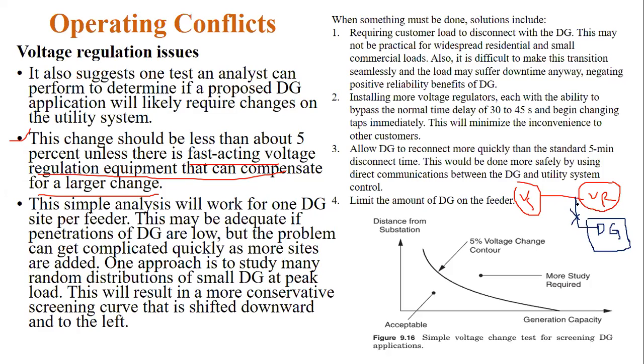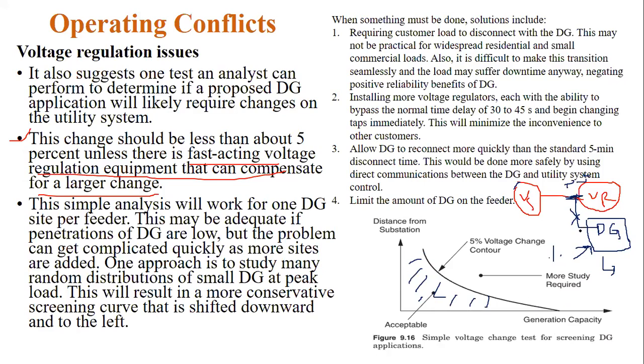So the test means here you connect this DG to the system, then you can measure. Remember this point. You can measure how much percentage of the load this DG is capable of taking, how much sharing of the load the DG takes. If it is less than 5%, in this region of the curve, you consider adding this DG to the feeder.